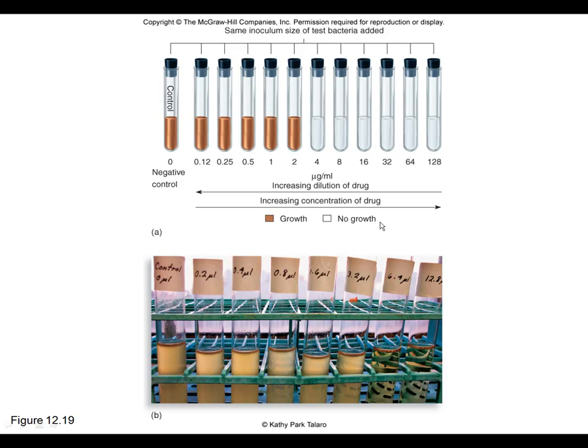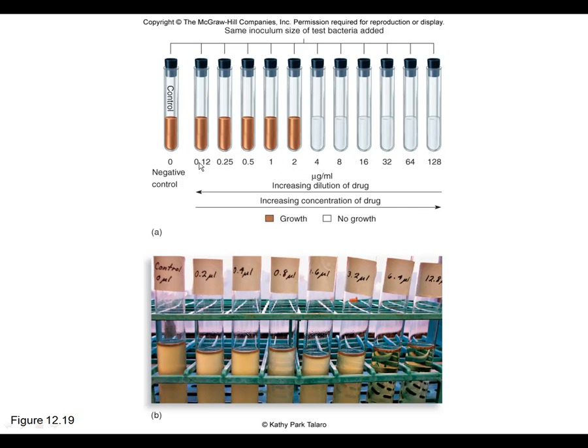If you look here, this is basically how you can determine a minimum inhibitory concentration. You start with your control. It's a negative control. It has no antibiotic in it. It only has bacteria. So we know our bacteria grows. Each next tube is going to double the amount of drug.